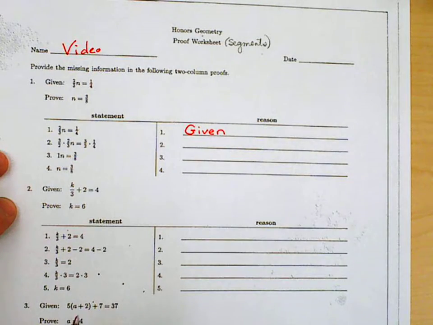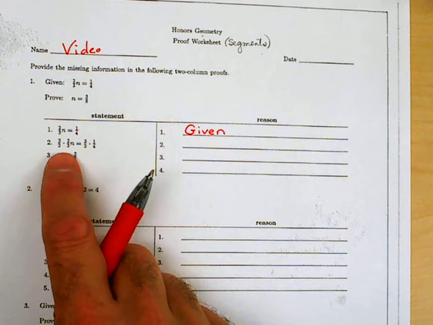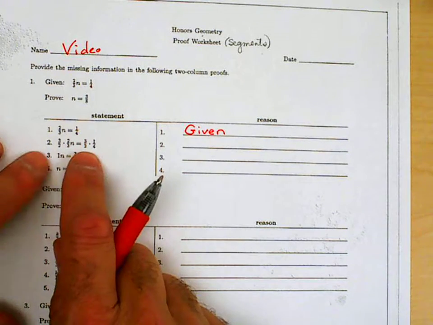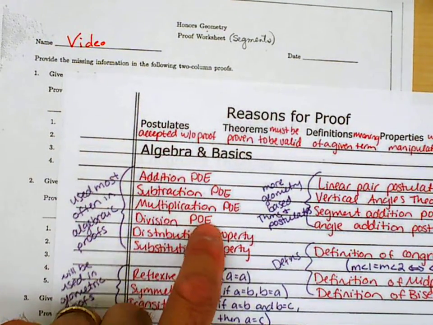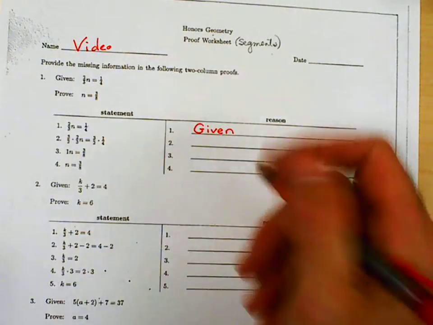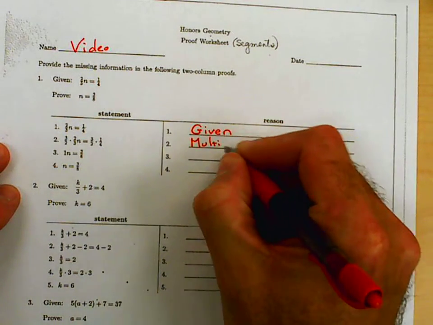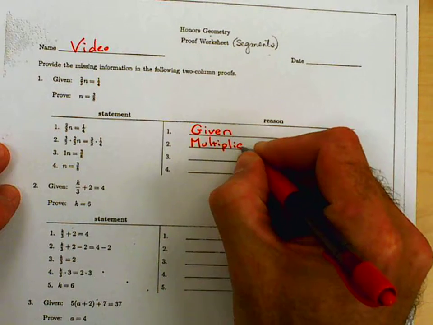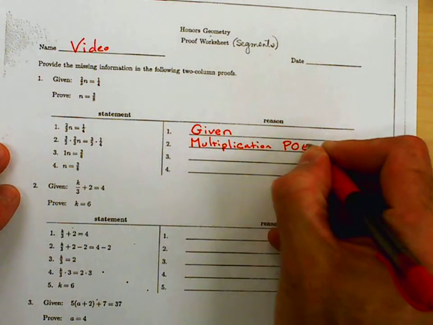Justifying it. So on this step, we went 2/3 n equals 1/4 n, and we multiplied both sides by 3/2. Well, when we look at our properties of equality, we have the multiplication property of equality. That fits in very nicely right here, number 2. POE, property of equality.